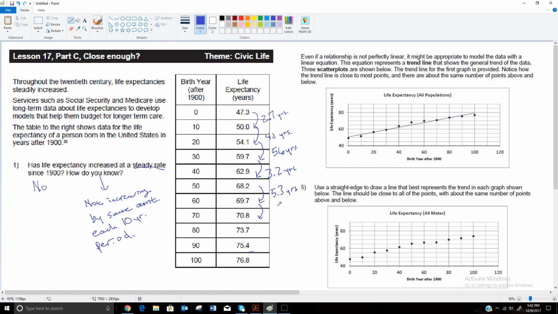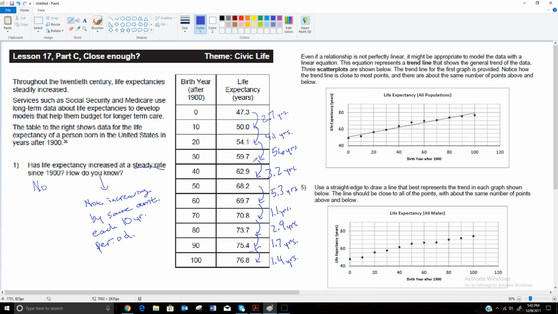This would be 1.1. This would be 2.9. 75.4 minus 73.7 gets us only 1.7 there. And then this gets us 1.4.